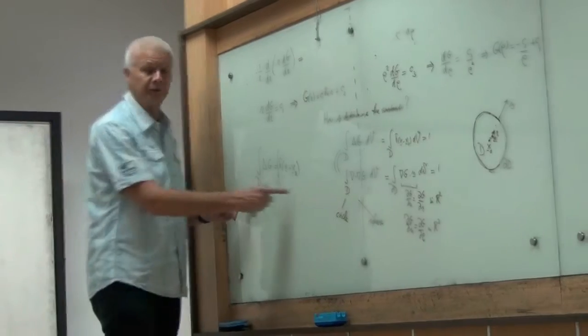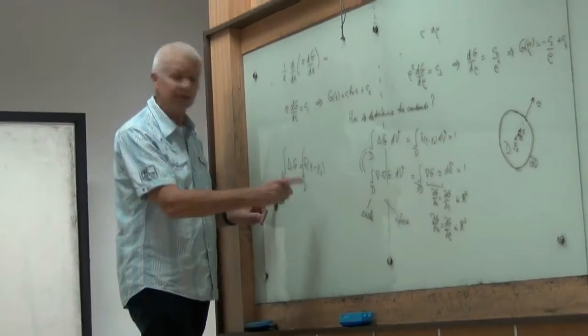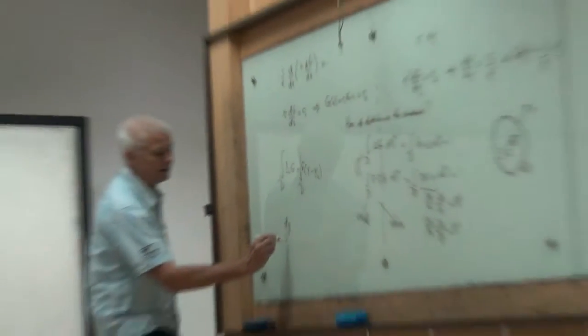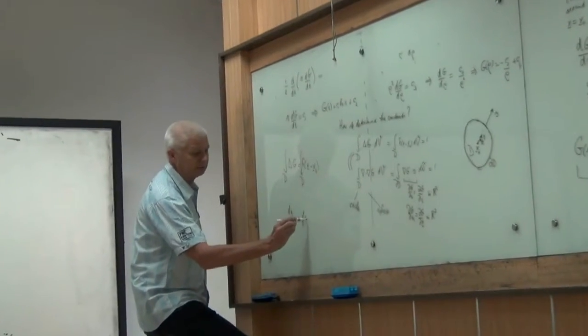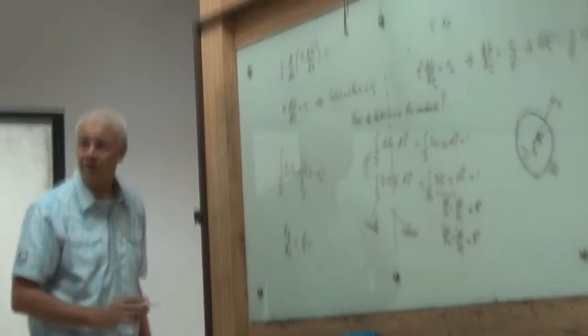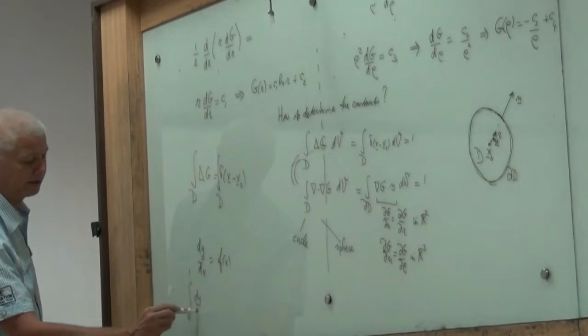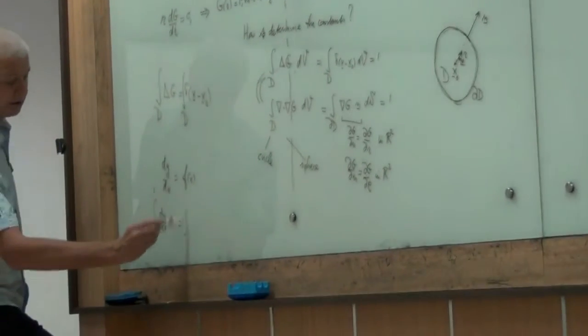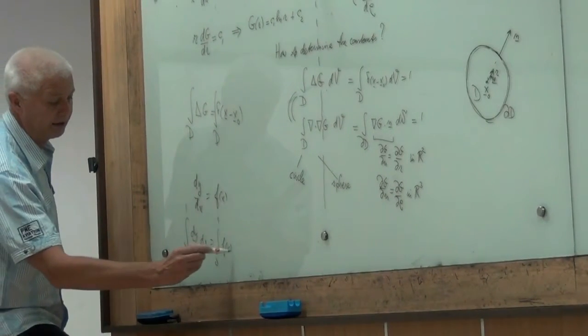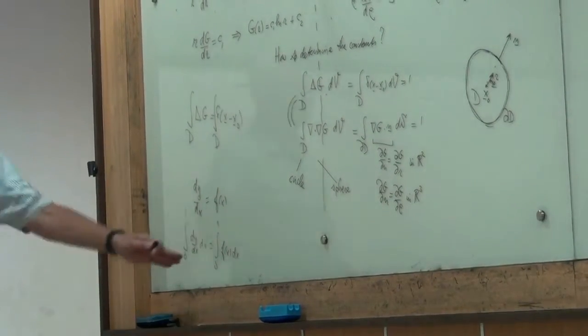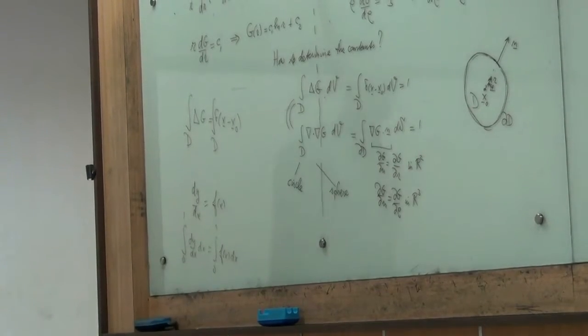That's more a trick. I have this differential equation and I just integrate it. If I have a differential equation, let's say dy/dx is f(x), and I compute the integral from 0 to 1 of dy/dx, it is the integral from 0 to 1 of f(x) dx. Then this is always true.